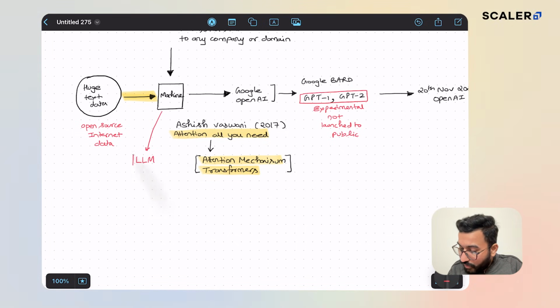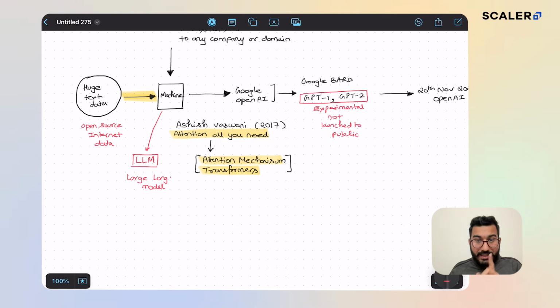Why are they known as large language models? Language, because they were trained on the textual data, the language data. Large, because they were trained on a humongous amount of data, and these are machine learning models. That is the reason for the name large language model.